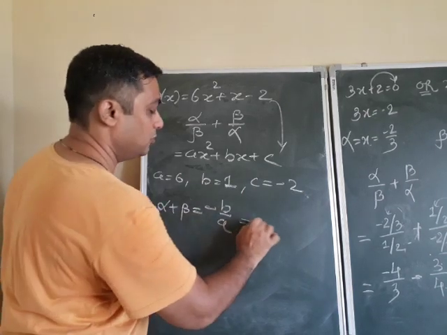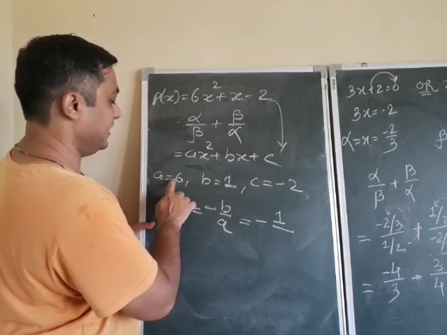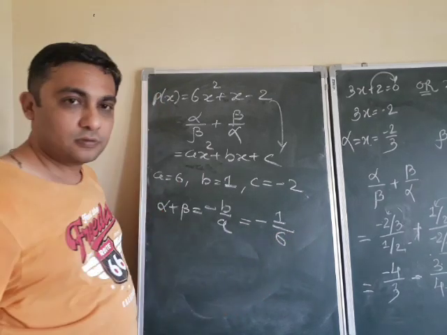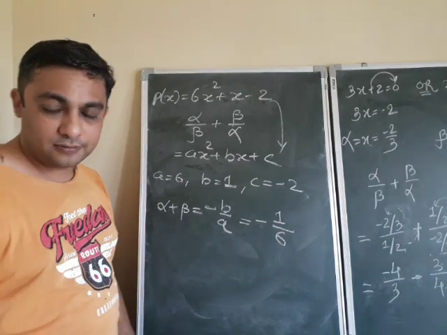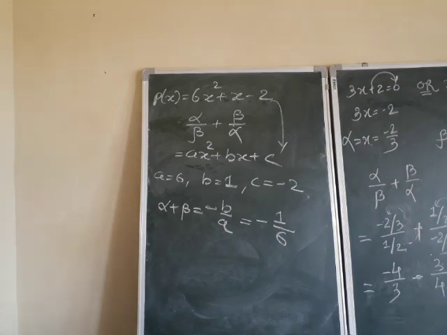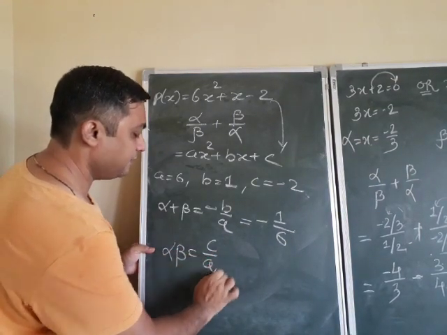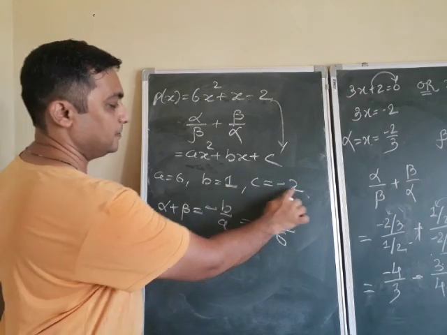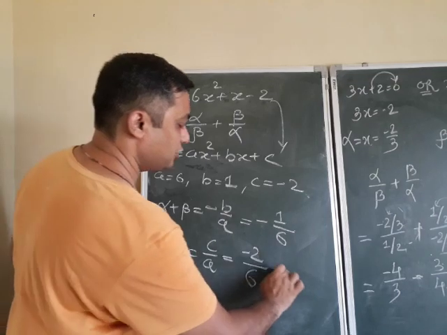So minus b, b is 1, upon a, 6. So alpha plus beta is minus 1 by 6, right? And alpha into beta is c by a. c is here minus 2 and a is here 6, so minus 2 by 6.